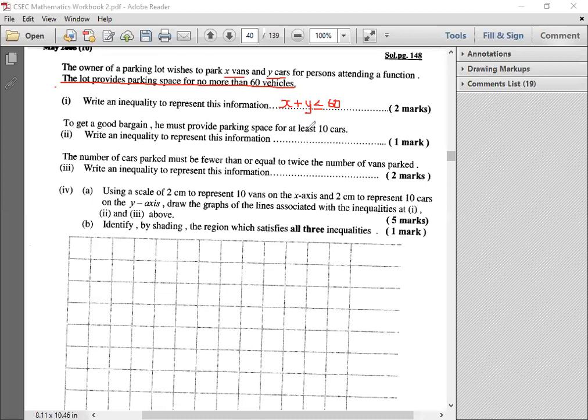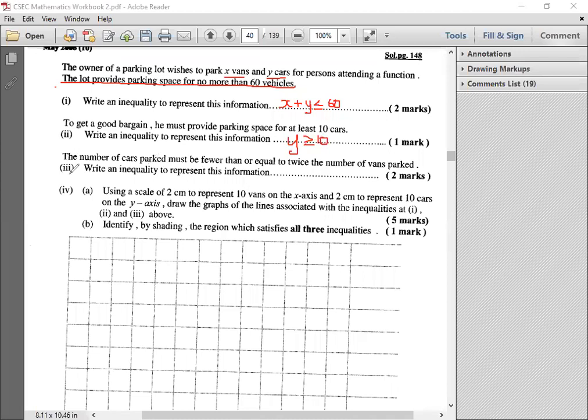So for this, cars is Y. Y must be greater than, because it says at least, greater than or equal to 10.